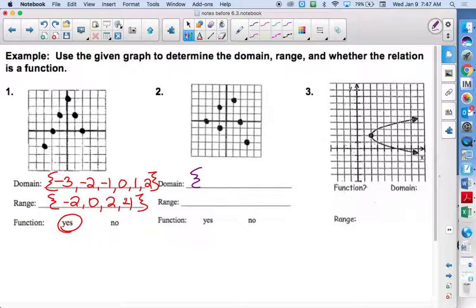Abby, what do you think for the domain? So just listing the x values from left to right that the points are touching.